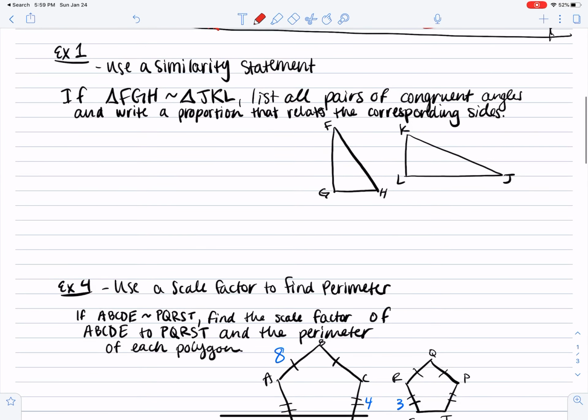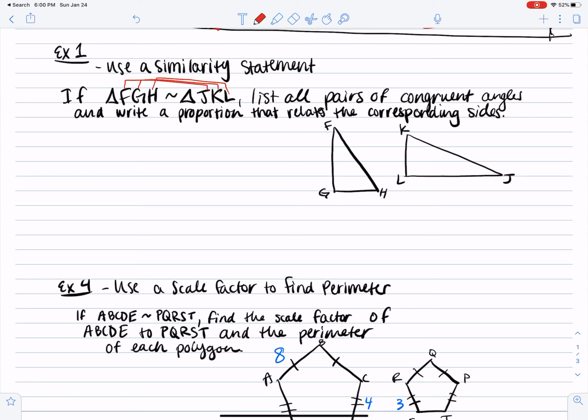Here's our example one. Use a similarity statement. If FGH is similar to JKL, list all pairs of congruent angles and write a proportion that relates corresponding sides. So we're going to use the statement here. So remember, F and J go together, G and K, and H and L. Order matters.